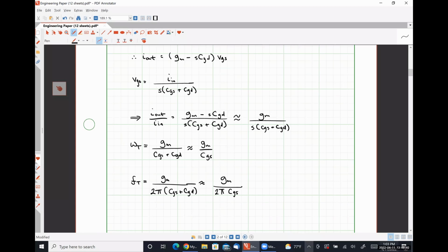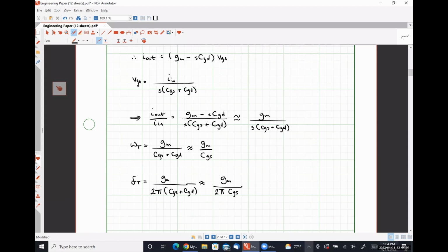So this is a figure of merit by which we compare MOSFET technologies. Okay, this is our transit speed, or effectively the fastest switching speed that we can achieve for a transistor biased in saturation.